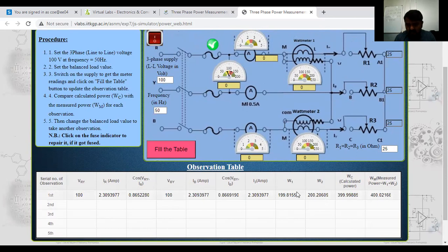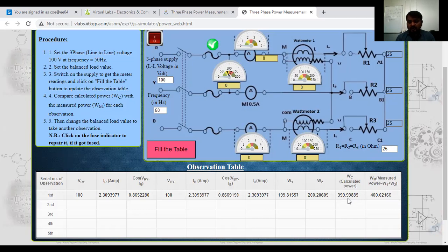W1 plus W2. Anyone, if you have a calculator, you open it and do the addition of this one here. 199.81 plus 200 plus 0.206 is nothing but 400.02. And the V phase, I phase into 3, that is called 399. It will give here 399 also.